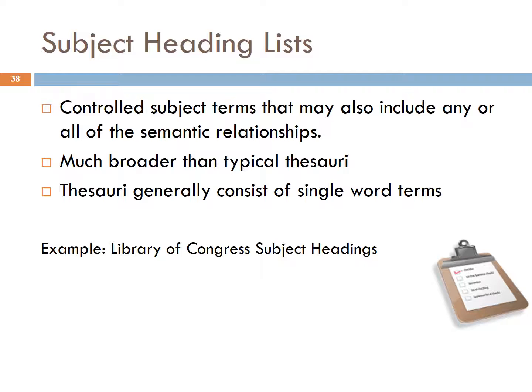Well, if you just look at the title, that makes sense, right? Thesaurus for Graphic Materials and Library of Congress Subject Headings. Obviously, TGM is going to be smaller in scope than LCSH is.